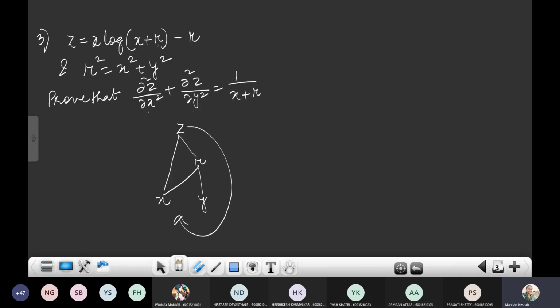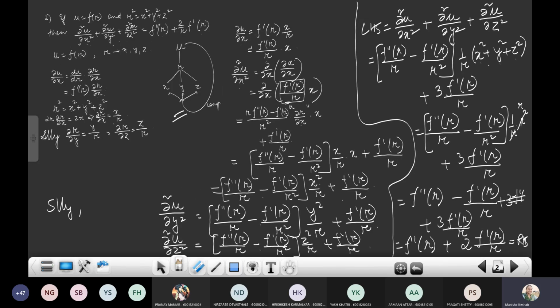Now let us see what will be del z del x. As you can see in the previous question, whenever we have u as a function of r, and then r as a function of x, y, z, it's always better to first find del r del x, del r del y, del r del z.